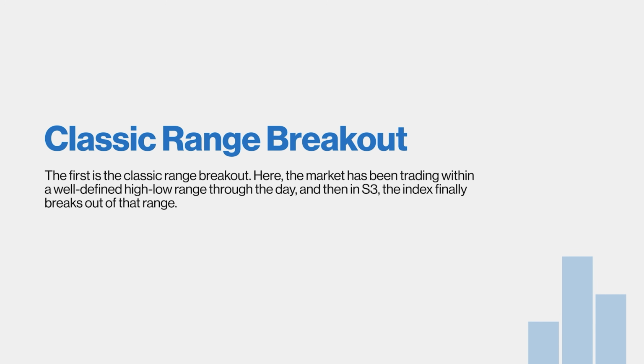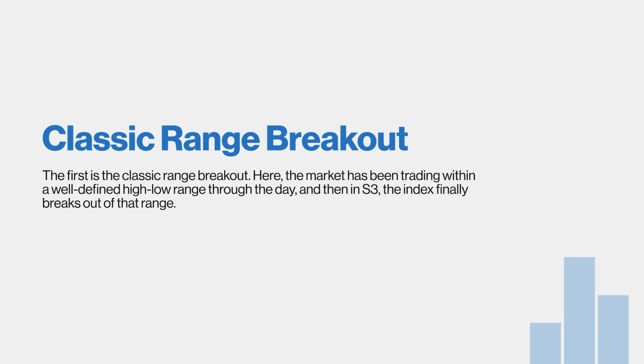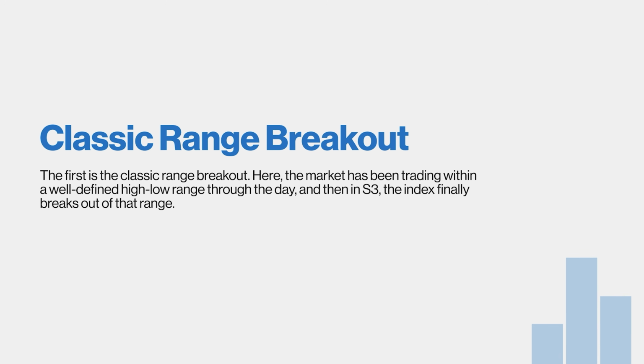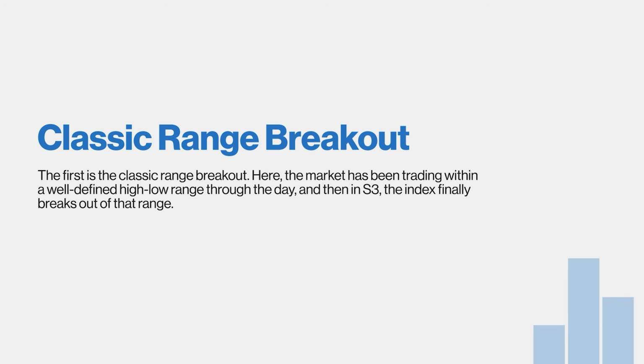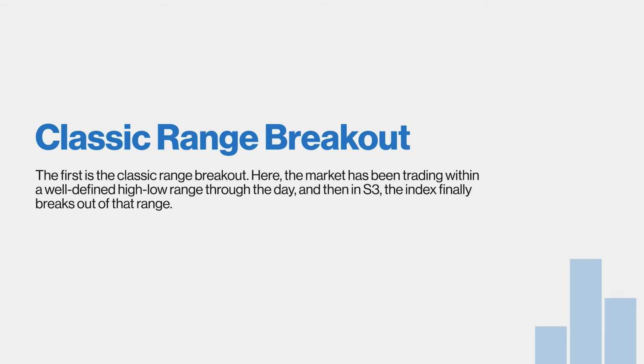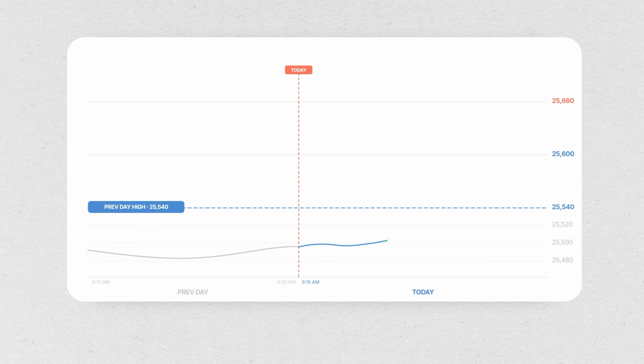Here, the market has been trading within a well-defined high-low range through the day, and then in S3, the index finally breaks out of that range. This is the most simple and straightforward setup. On such days, it helps to keep an eye on previous day's high because a close above that level often signals greater strength.